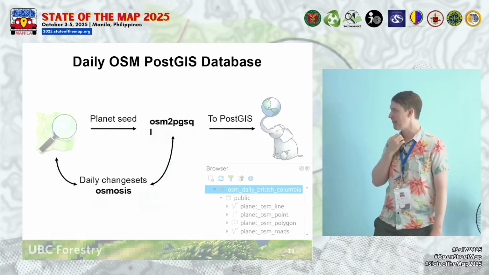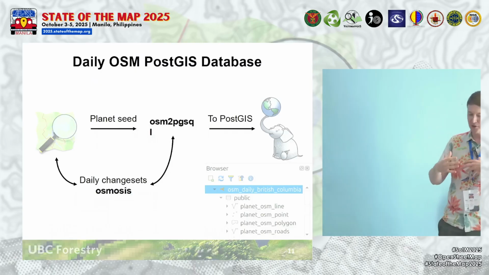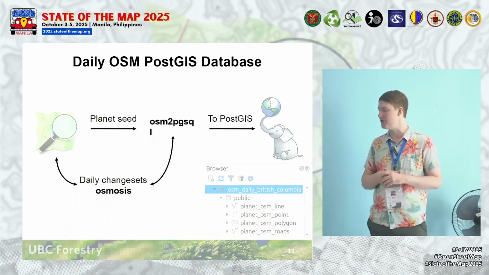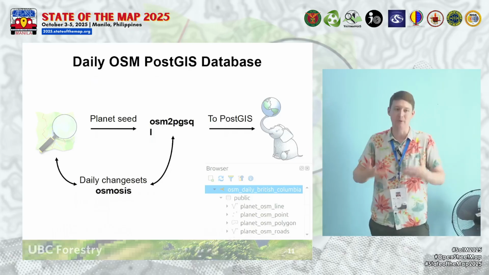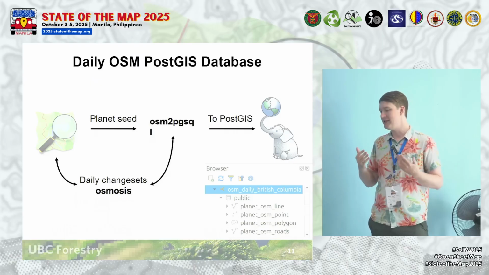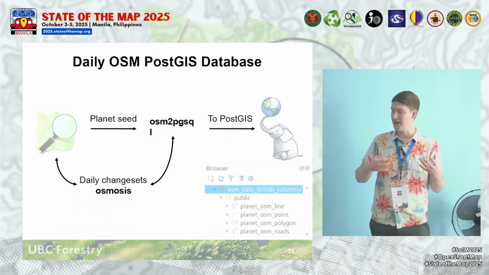Next slide, please. So some things that I've done to help make this easier for students to interact with OpenStreetMap and to take up OpenStreetMap data in their projects is because I teach a lot of database stuff with Postgres and PostGIS.